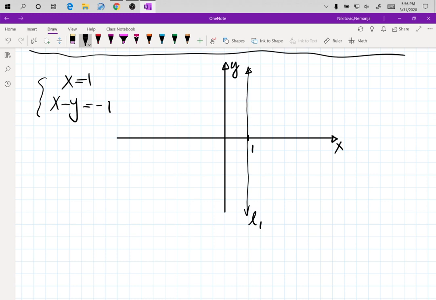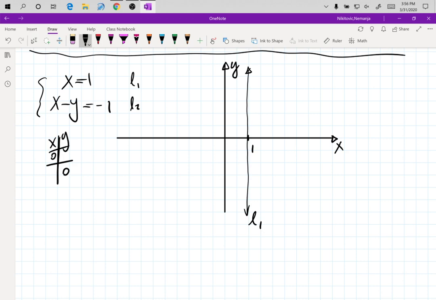And if you are doing the plug-in method, you will not be writing y, because you are replacing y, we'll deal with that next step. So it's a vertical line, line 1, and line 2 is using xy intercepts, because it's a standard form.